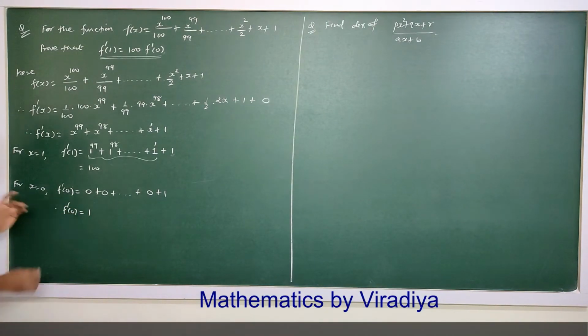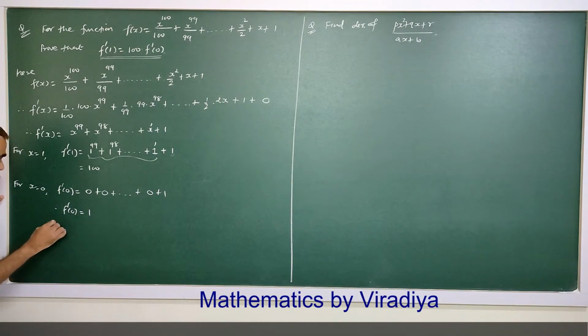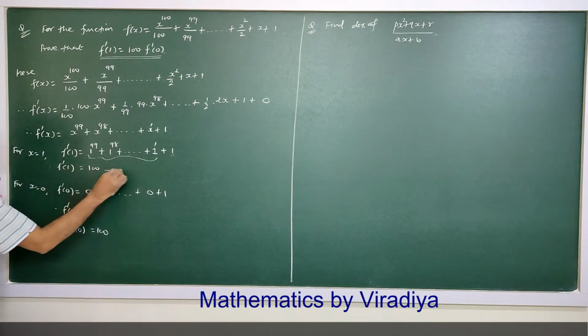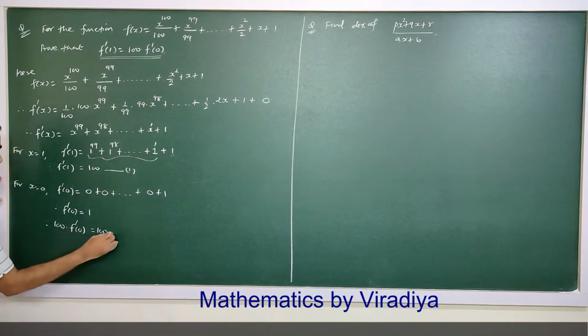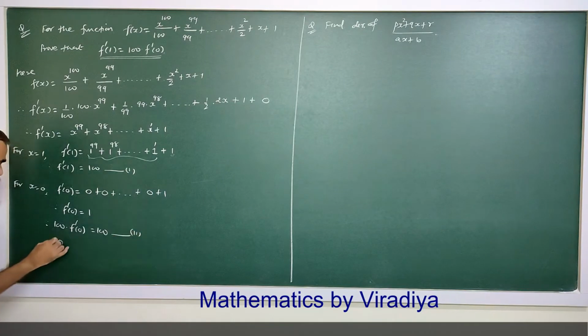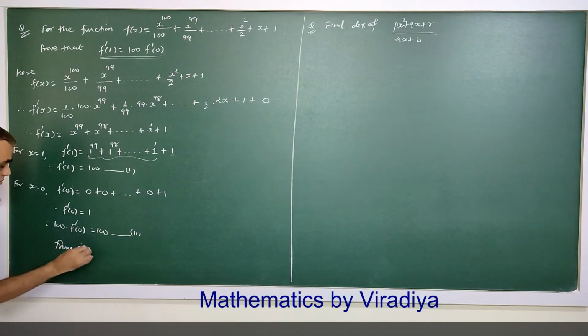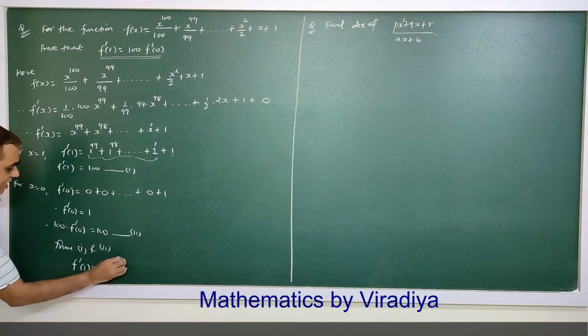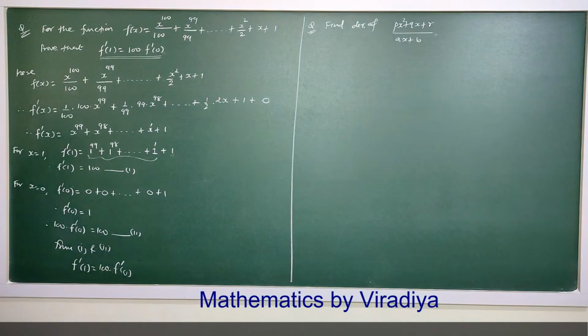Multiplying this on both the sides by 100, f dash of 0 into 100 is 100. This was the value of f dash of 1. This is 100 into f dash of 0. So from 1 and 2, f dash of 1 is 100 times f dash of 0. So the result is proved.